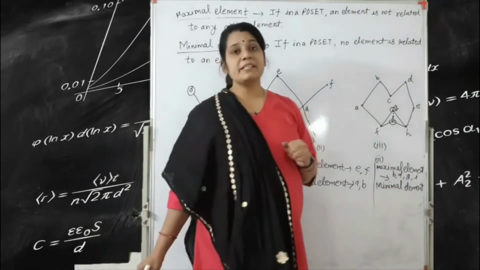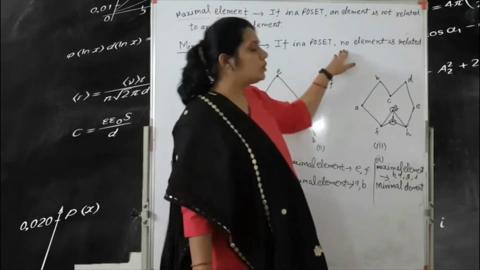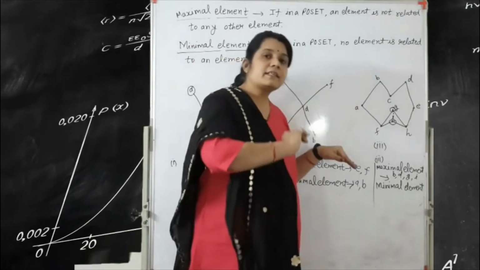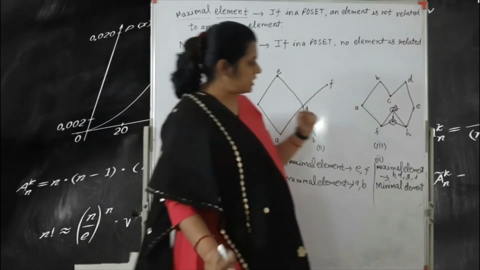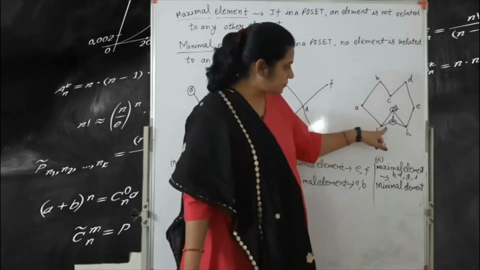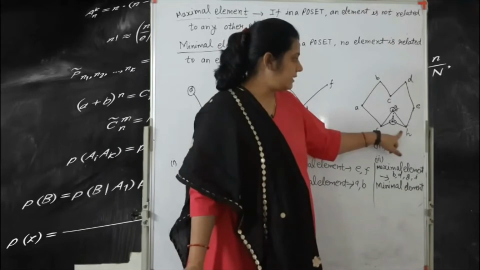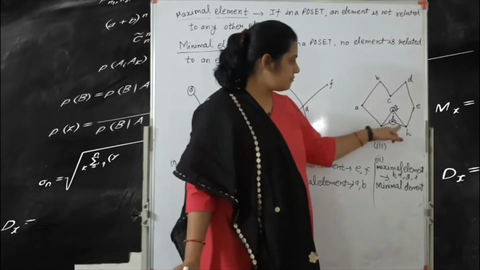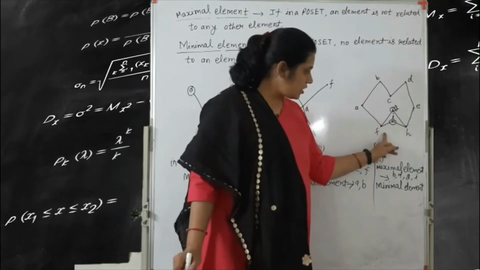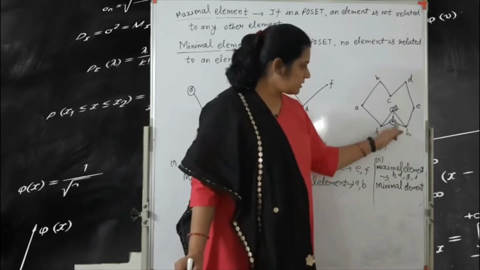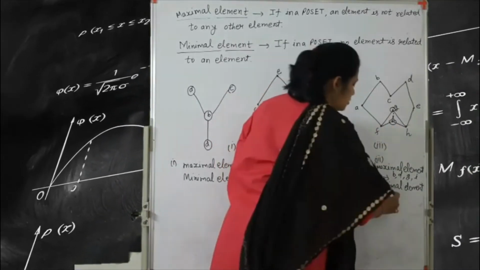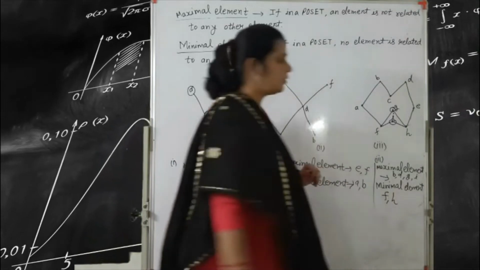Next one is the minimal element. So minimal element is what? A minimal element is one where no element is related to the element. So here obviously F and H, no element is related to them. So F and H are minimal elements.